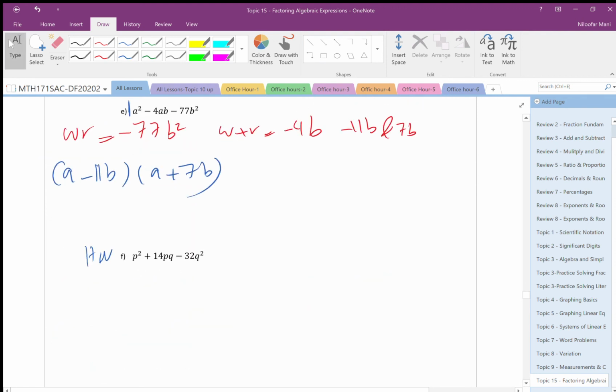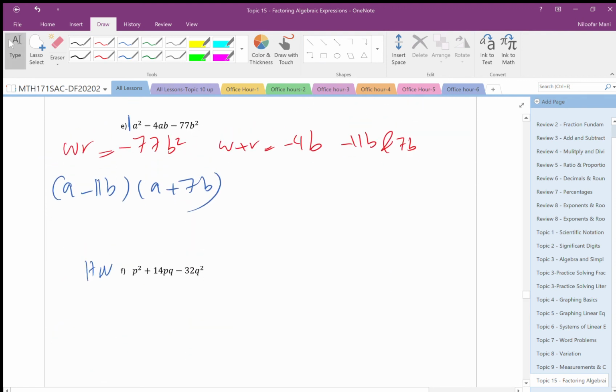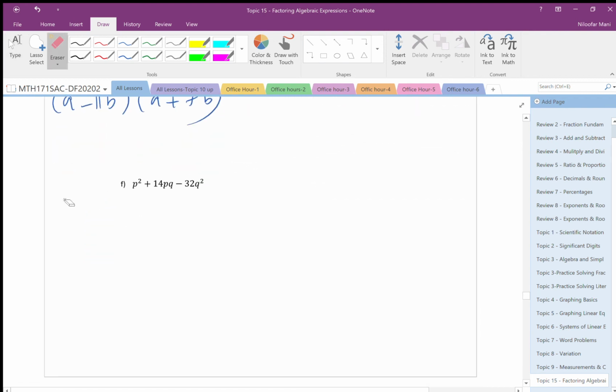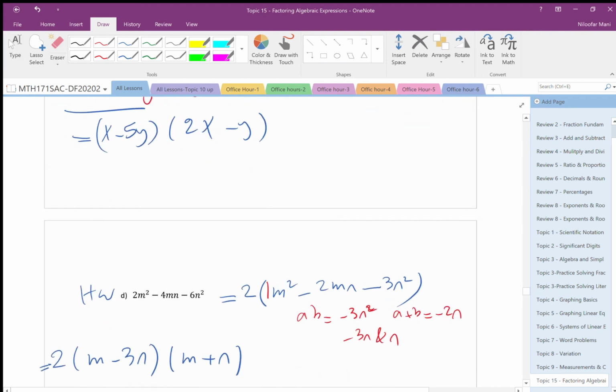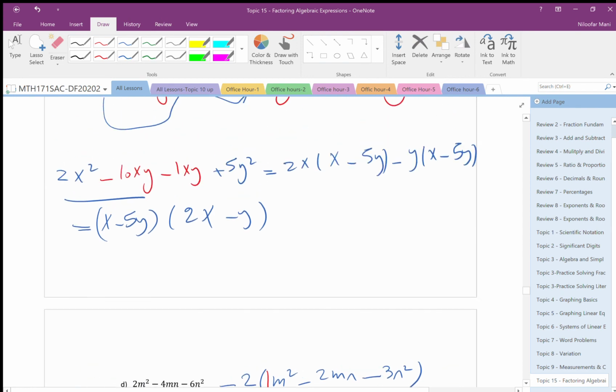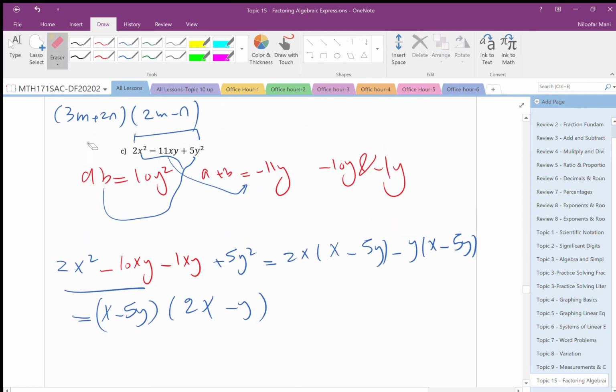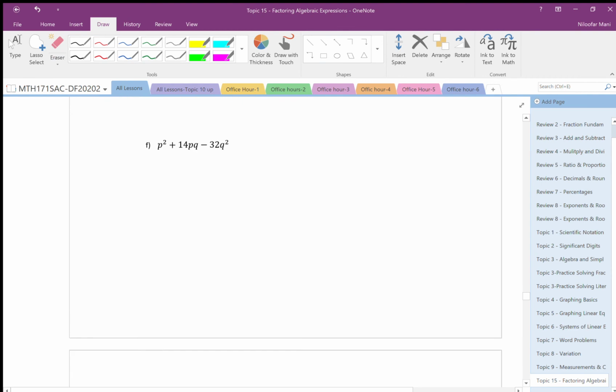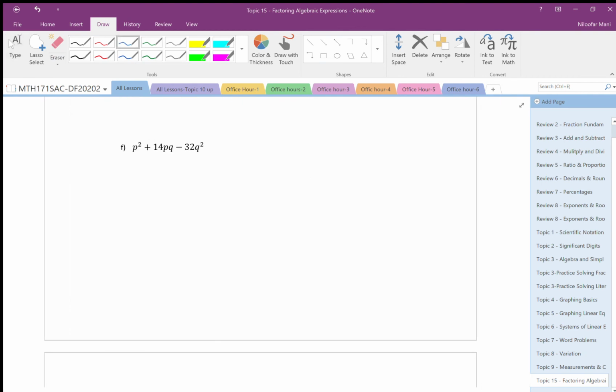Okay, so this one is done here, and then I can do this one. So here I said I can remove those. How about this one? I am looking for two numbers. If I multiply them it is minus 32 q squared, and if I add them it is 14q.